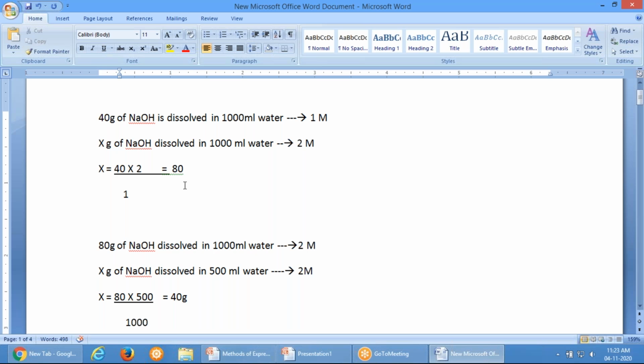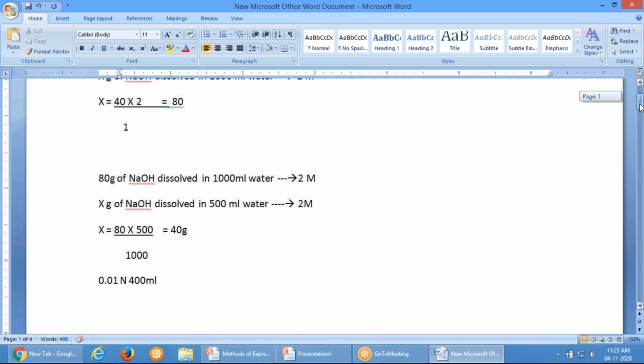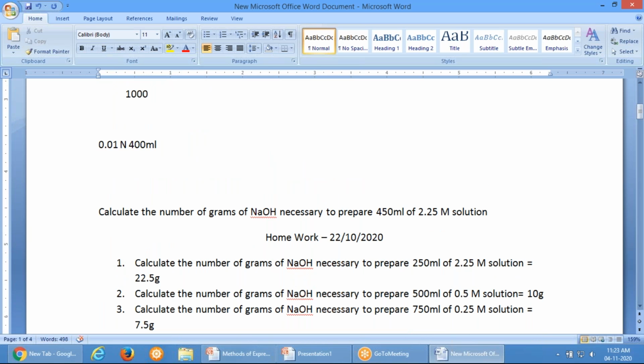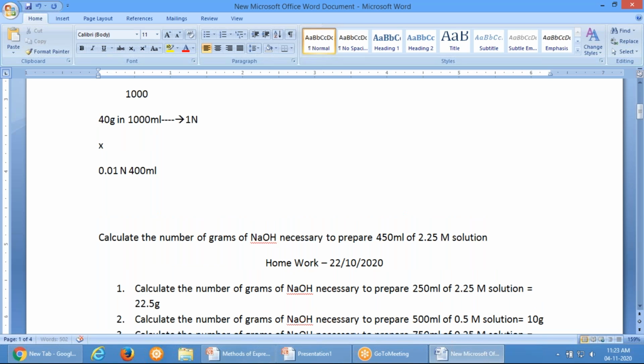So 40 grams of sodium hydroxide in 1000 ml will be 1 normal or 1 molar. Both are the same.